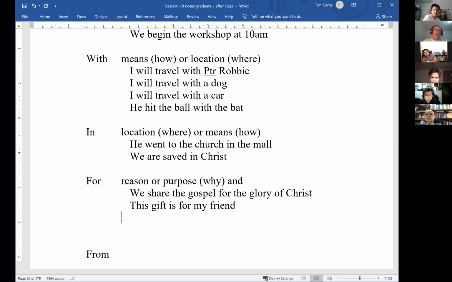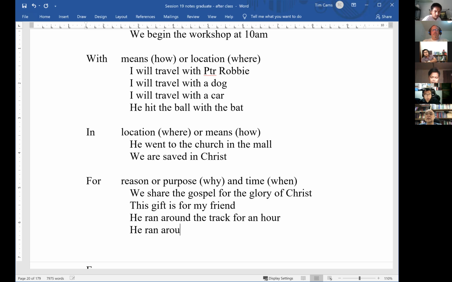How's it working in this sense? He ran around the track for an hour. Duration. Yeah, this is a time. Or we could take this very same phrase: he ran around the track for his health.